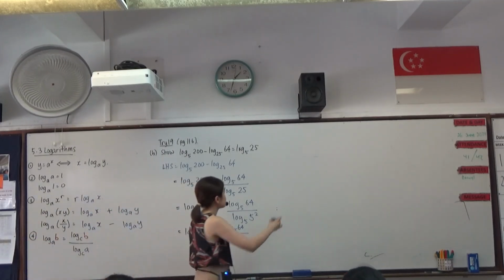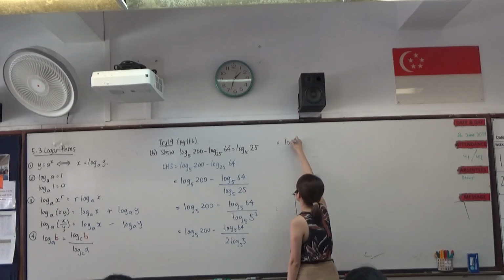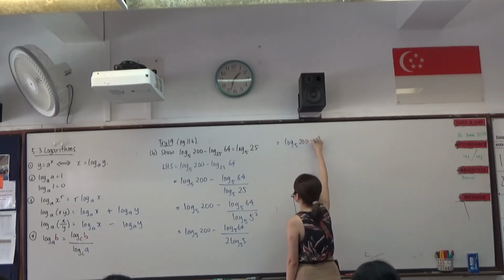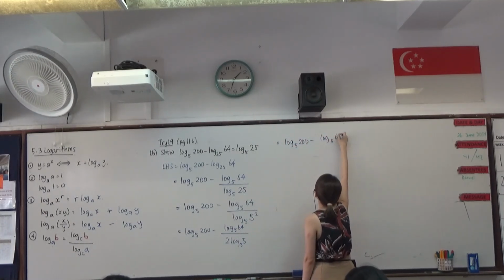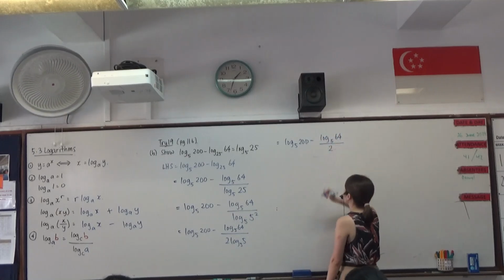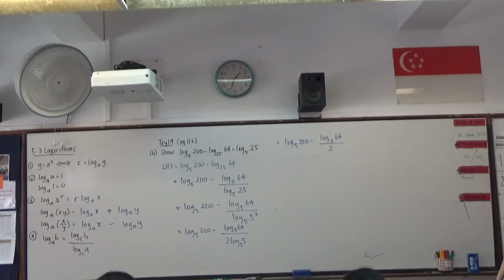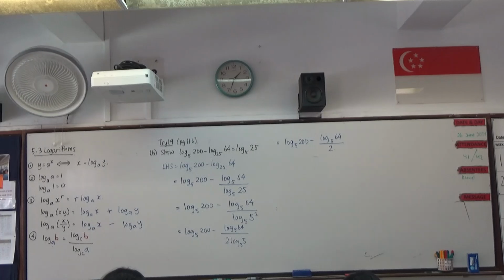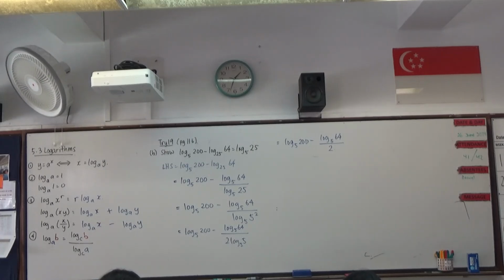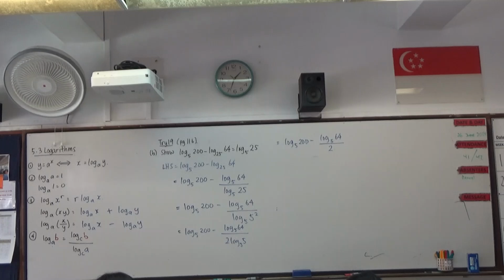Right? So the denominator of the fraction is now 2. Okay? Then what next?